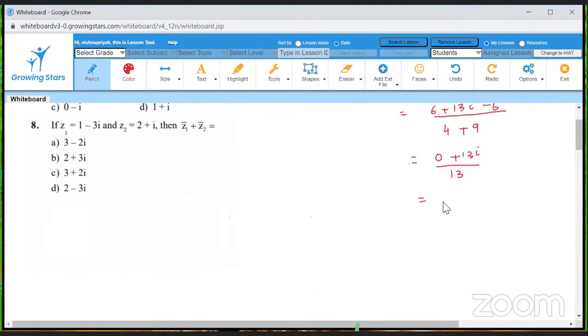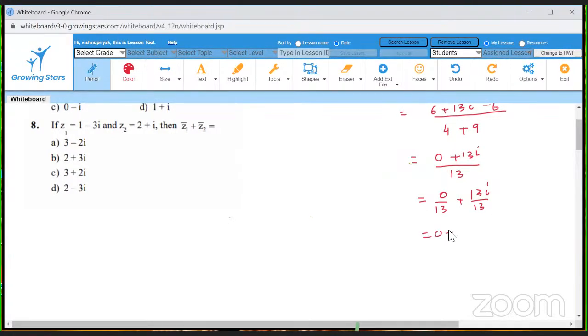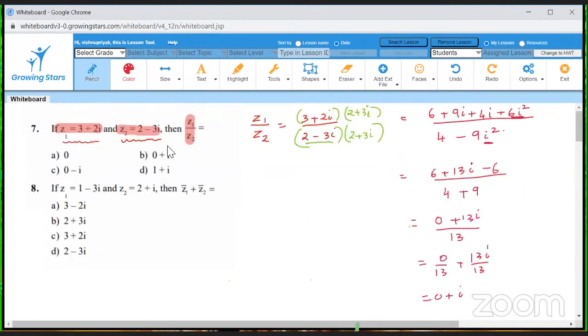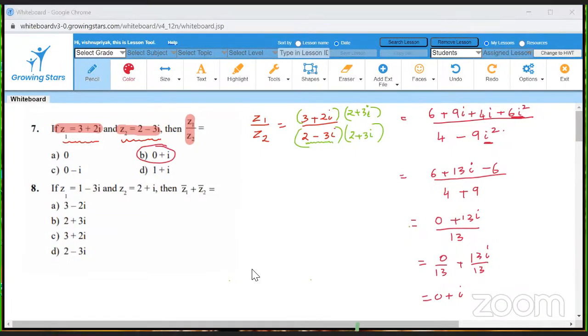That means 0 by 13 plus 13i by 13, which is 0 plus i. So the correct answer is 0 plus i, option B. Answer is option B.